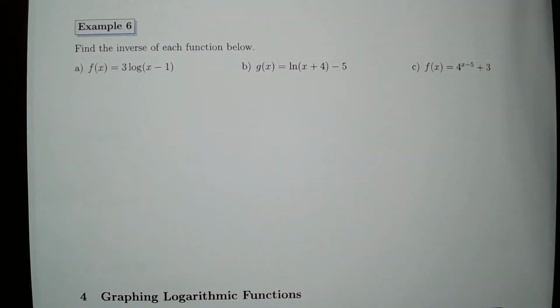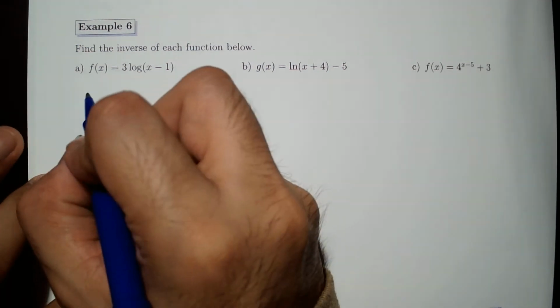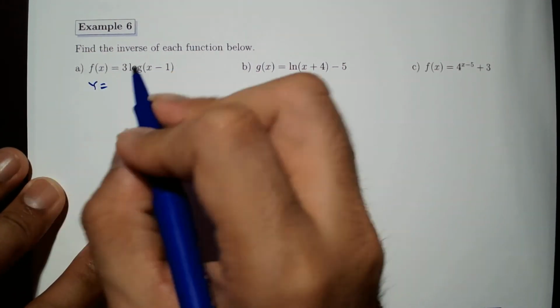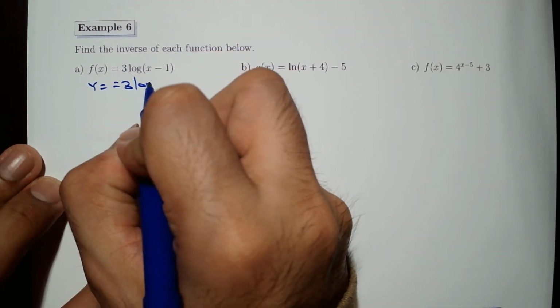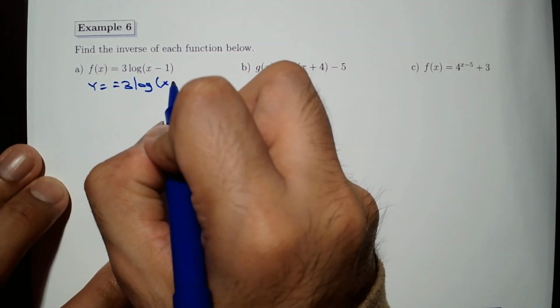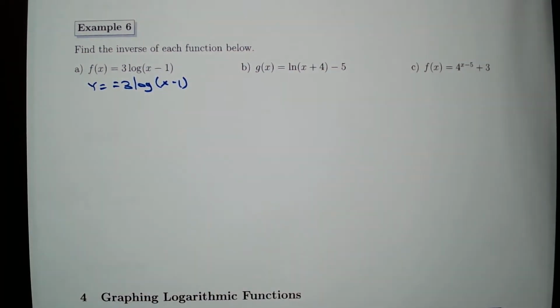First of all, recall that in order to find the inverse function, change the f of x notation to y notation. y equals 3 log x minus 1. I think I wrote a double equal sign, let me erase it.